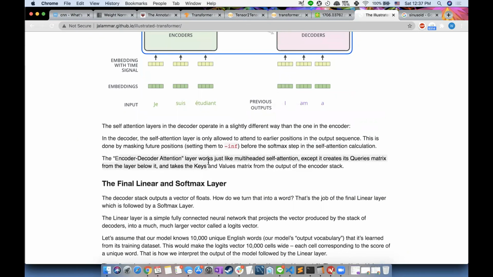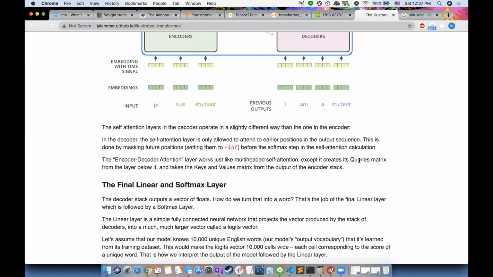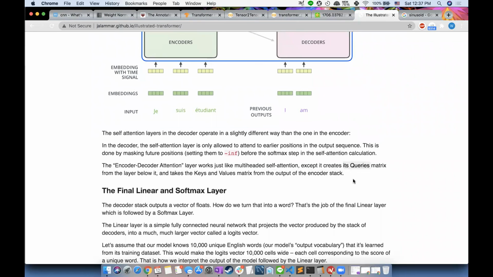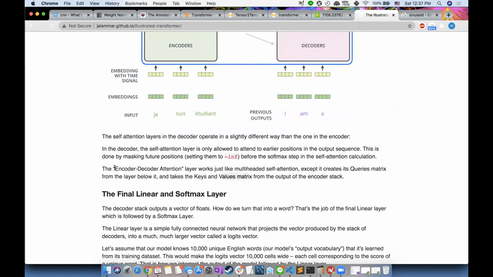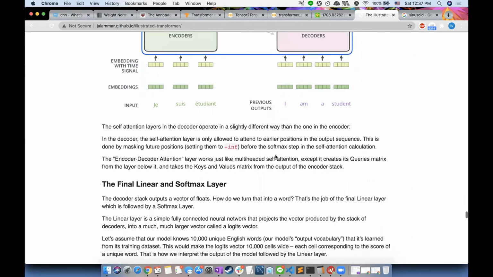The encoder-decoder attention layer works just like multi-headed self-attention, except it creates its query matrix from the layer below it and takes the key and value matrices, K and V, from the encoder. So the query is from the decoder stack itself. The K and V are from the encoder stack. And that's what encoder-decoder attention is. And that's how it's different from just a self-attention layer.